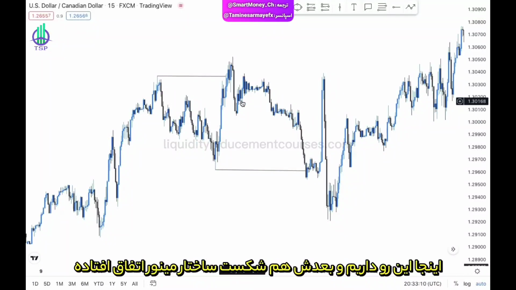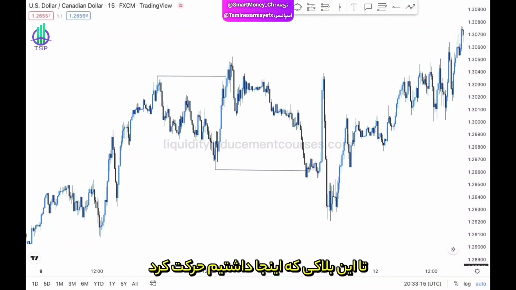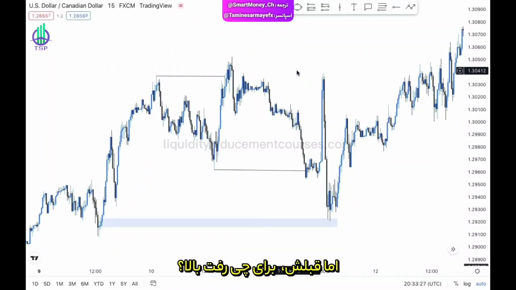So we have this here, and then we have our minor break of structure. What did price do? Price continued downward to a level that we had, to this block, right? But before then, we went upward. What did we go up to do?